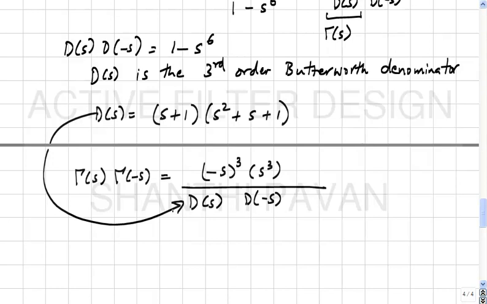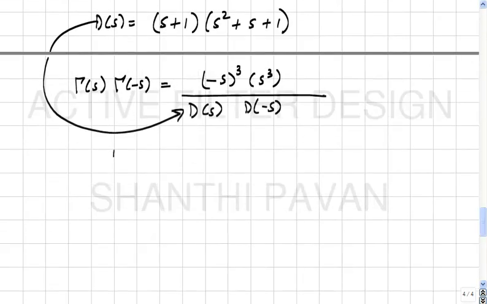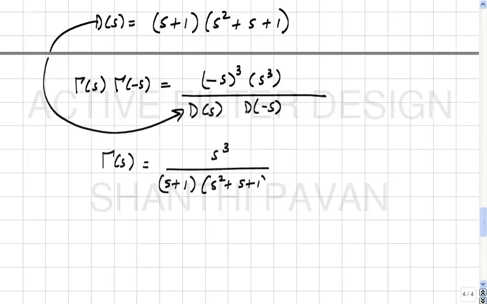Now, can somebody tell me what gamma of s is? Well, there are two possible solutions. One is s cube by (s plus 1) into (s square plus s plus 1), or minus s cube by (s plus 1) times (s square plus s plus 1).